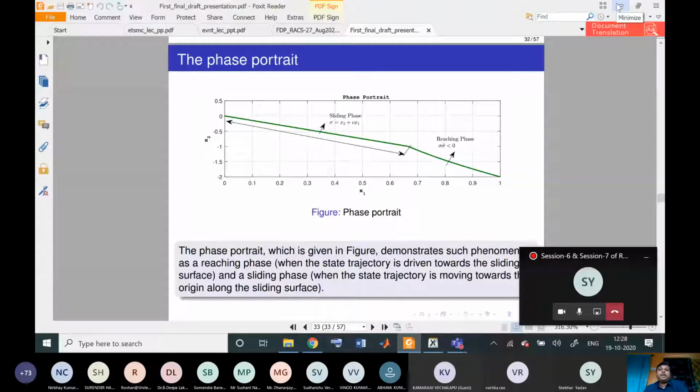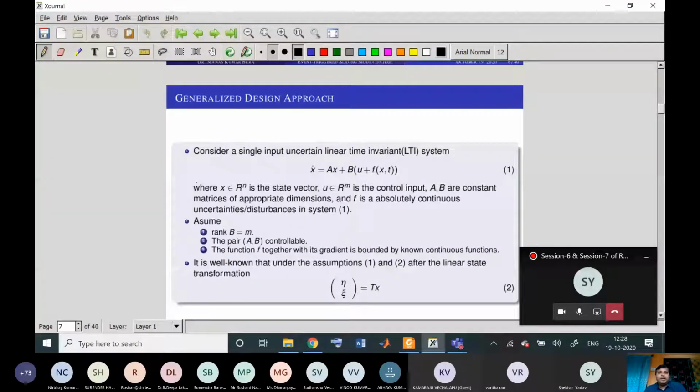So we have taken a generalized system and tried to design the sliding mode for it. Suppose the system is x dot equal to Ax plus B into (u plus f(x,t)), where x belongs to R^n, n state variables, and we have m control inputs. We assume the rank of B equals m, the pair (A,B) is controllable, and the function f is bounded and continuous.